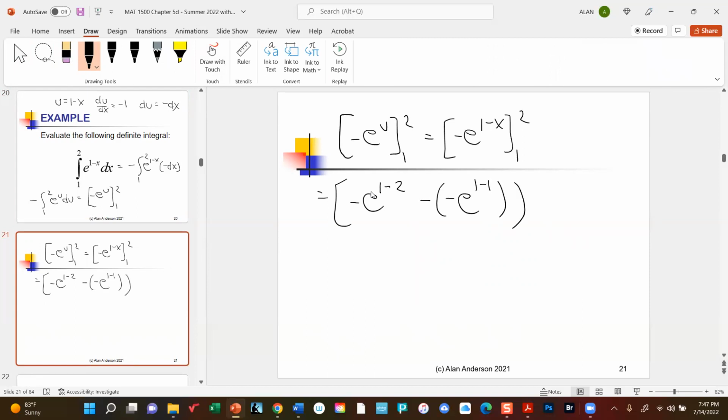If you notice what we're doing, in the book they would call this f of 2 minus f of 1. In other words, the antiderivative evaluated at 2 minus the antiderivative evaluated at 1. In the first case, x became 2, here it became 1. But remember, you're subtracting. And so here you'll have negative e to the minus 1 plus e to the 0.